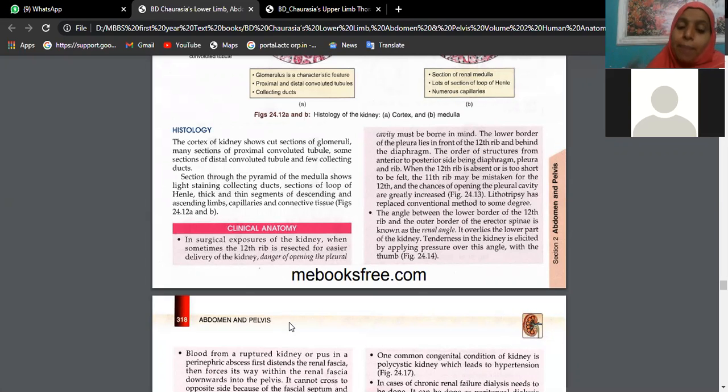That ureteric bud will grow into the metanephros. Metanephros is part of mesoderm. Ureteric bud is part of endoderm, because foregut, midgut, hindgut are all developed from endoderm. So the ureteric bud grows into the metanephros.